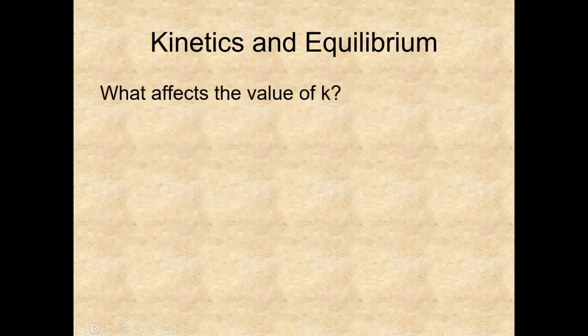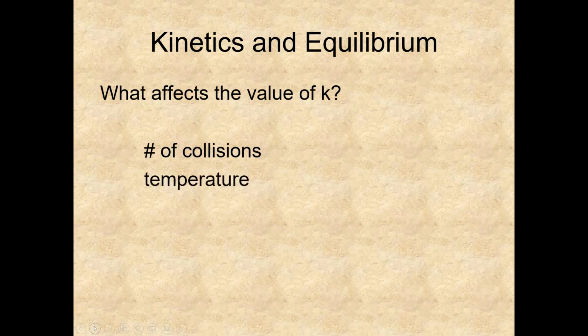So we have to look at, okay, we know concentration can change the rate, but looking at K, and if you go back looking at what affects the value of K, the reaction rate constant was affected by the number of particle collisions that occurred, and temperature, and activation energy.